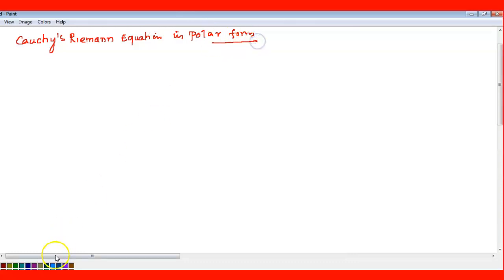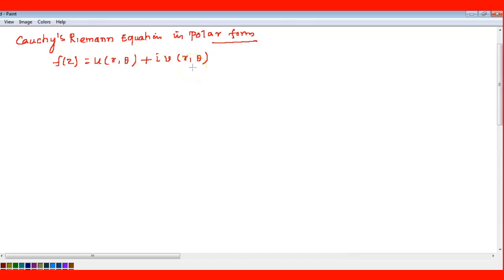In polar form, we can write it here. f(z) is the complex function of a complex variable, where u is given in terms of r and theta, and v also in terms of r and theta.